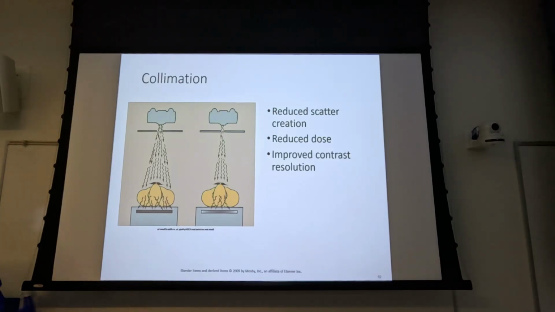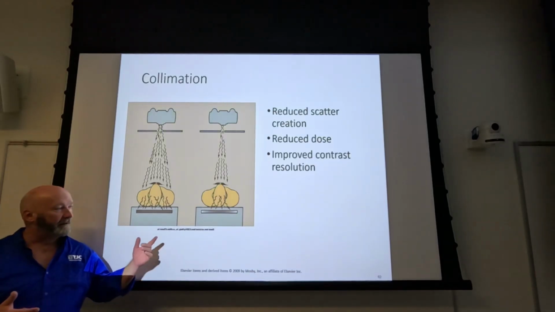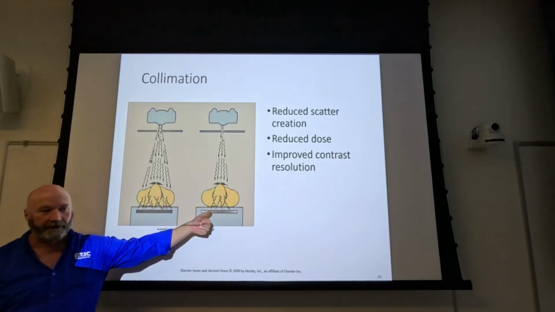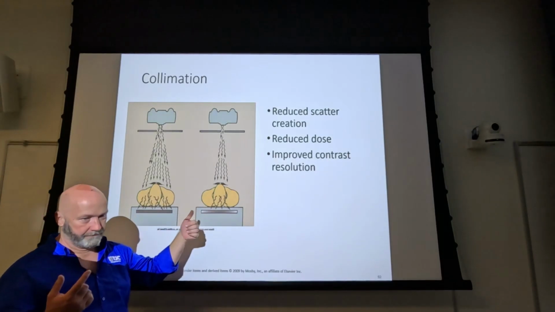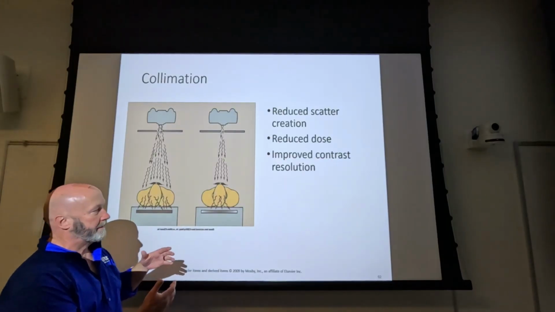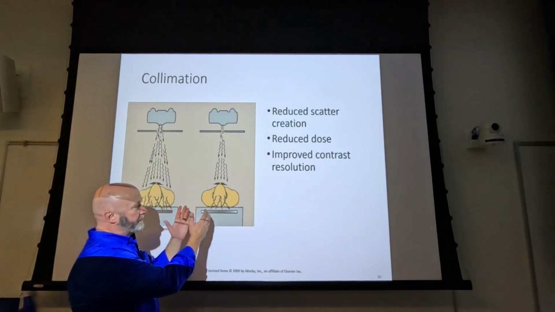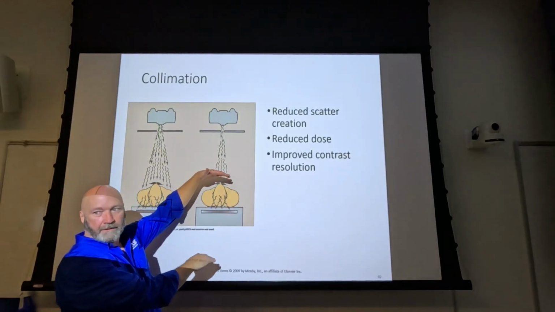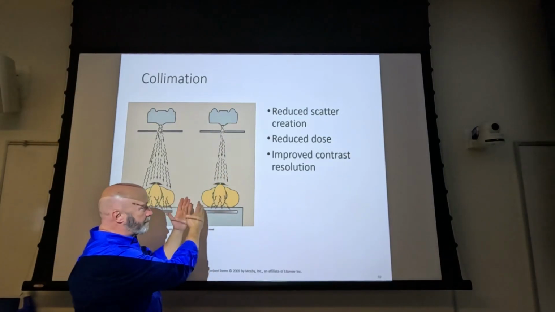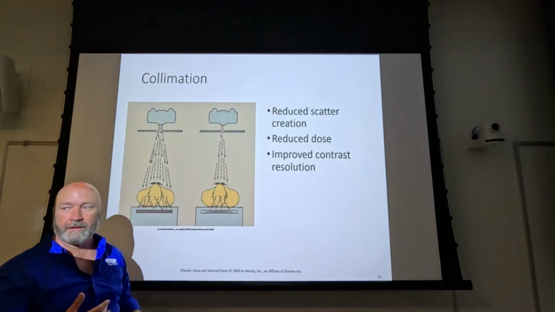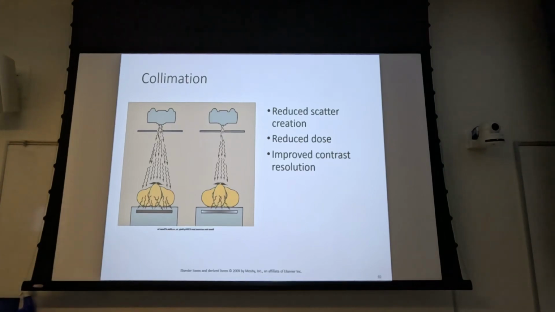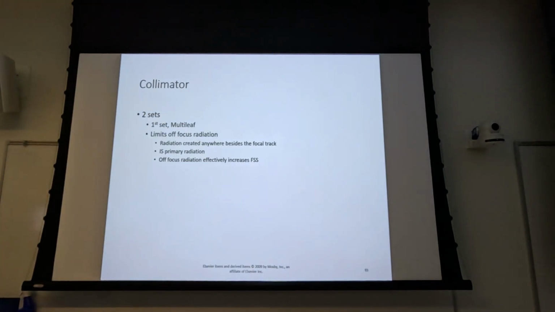Remember that the amount of scatter radiation you create depends on really two things as far as the patient goes: how much you expose this way and how much you expose that way. If you expose more in either dimension, you're going to create more scatter radiation. And again, is that going to give us a significant difference in contrast? The answer is maybe not.